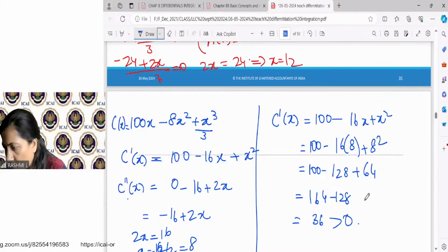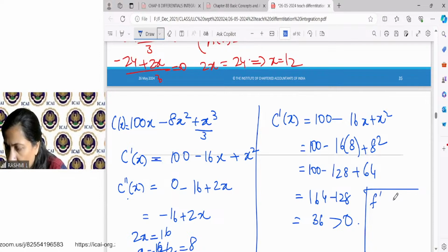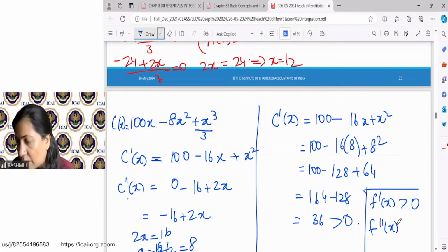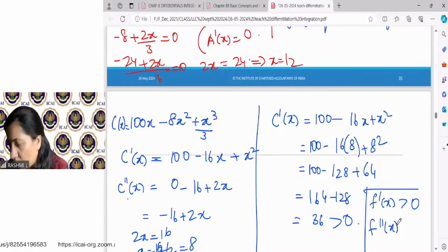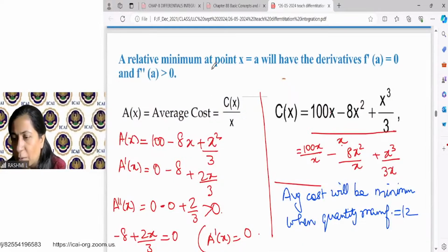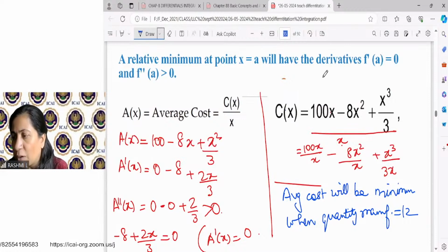So what is the condition? The derivative of the function should be greater than 0, and when I put the first derivative to 0, I will get the value of x. So for a point to be minimum, we will have to find the derivative and find that the double derivative is greater than 0.